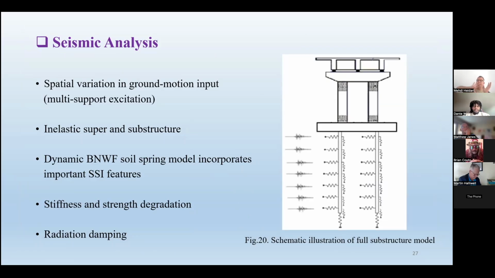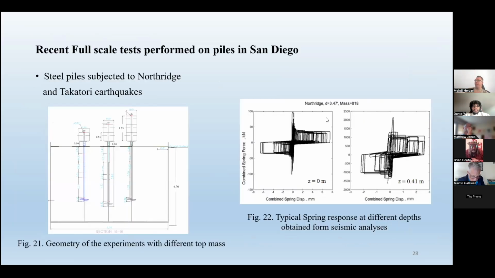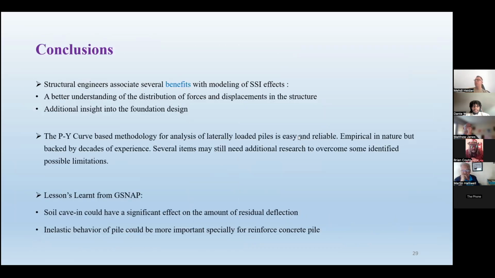This is the most advanced type of analysis, when you have not only the load applied from the superstructure, but also each of these end supports, where we can apply multi-excitation movement to simulate both kinematic and inertial interaction.